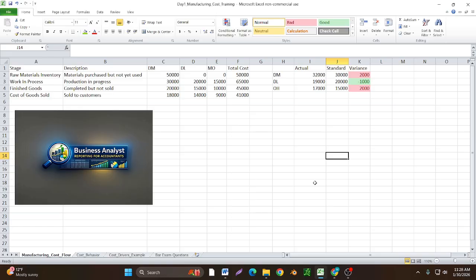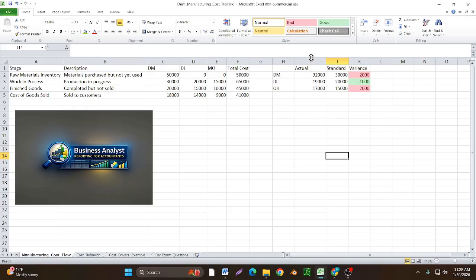So yesterday, we learned how costs flow through a factory, from raw materials to WIP to finished goods to COGS, and how costs behave: fixed, variable, and mixed. Today we're going to go one step further, comparing actual costs versus standard costs and figuring out what caused the differences.